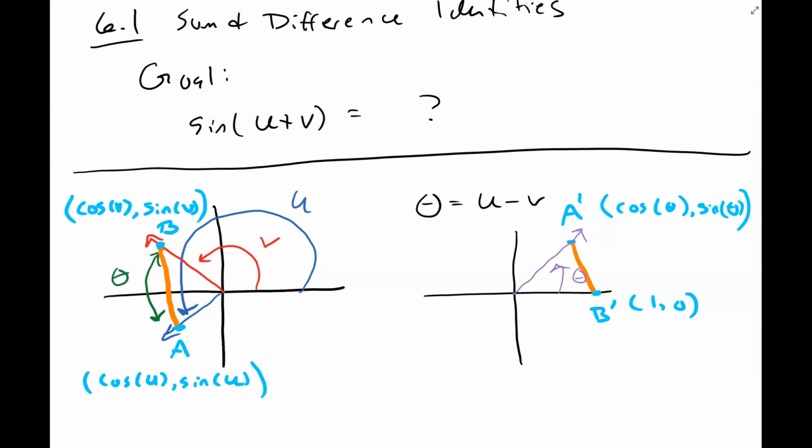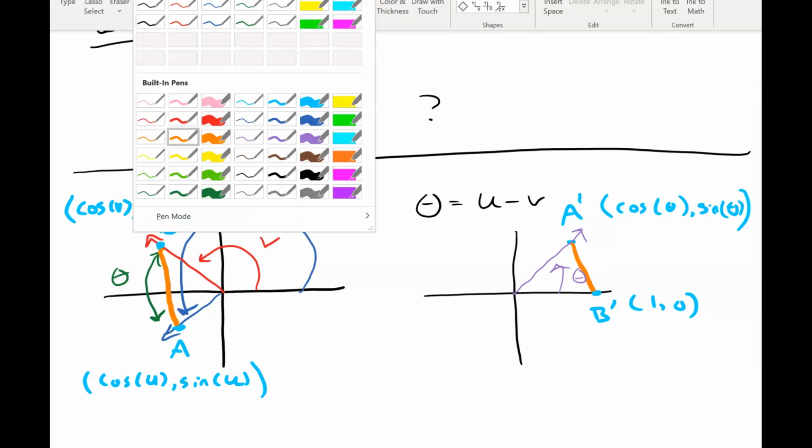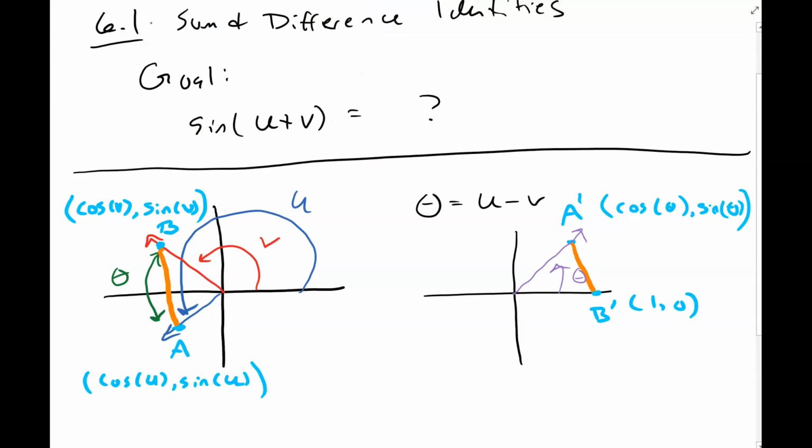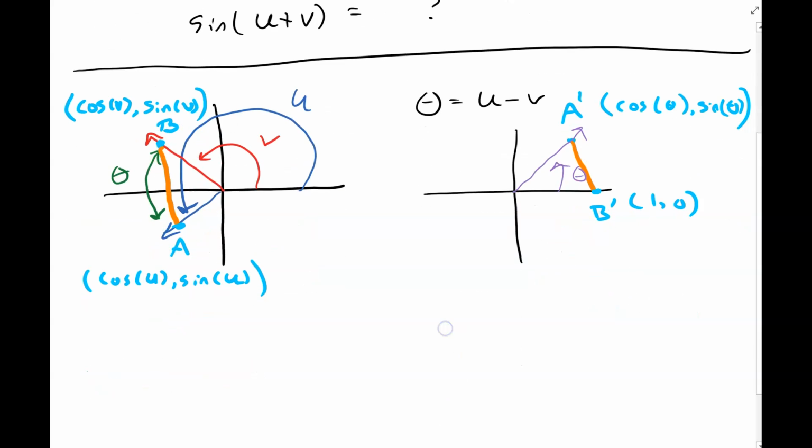What can I say about the length of those two segments? They have to be the same, right? Everybody agree with that? If that's the same angle theta, and the distance from the origin of each of those points is 1 unit, then the length of that segment has to be the same. So I can say that AB is equal to A prime B prime.